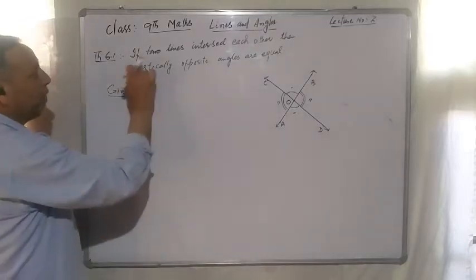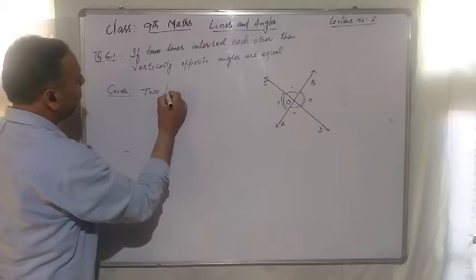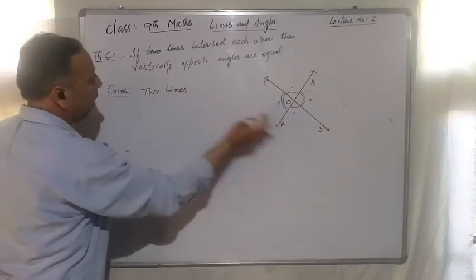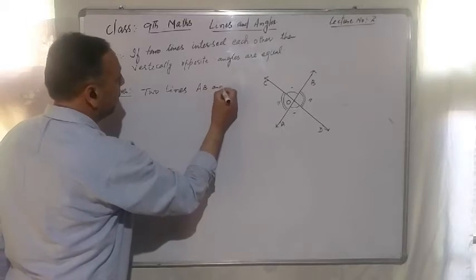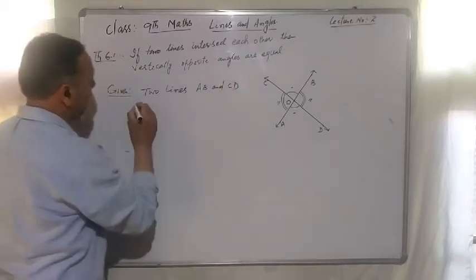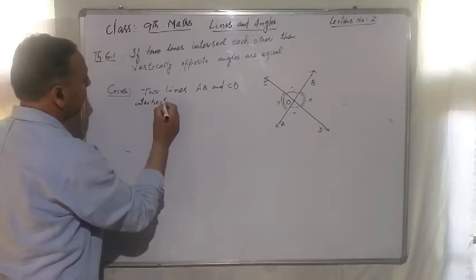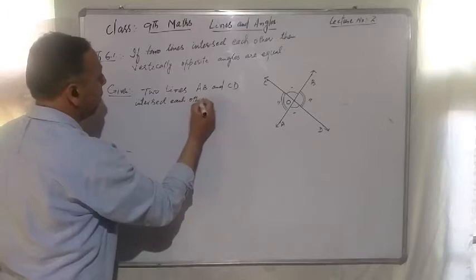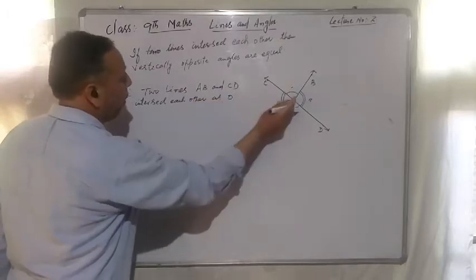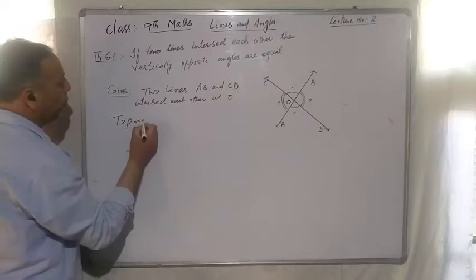First given, what is given? Two lines AB and CD intersect each other at point O. To prove, what we have to prove?